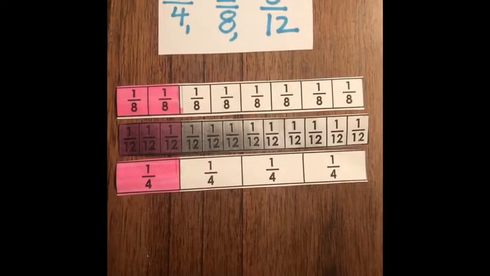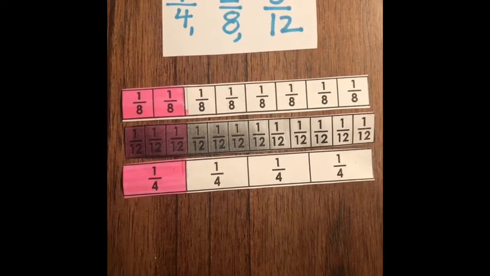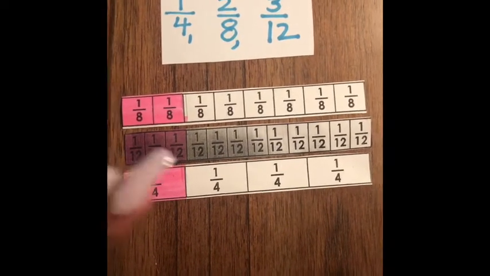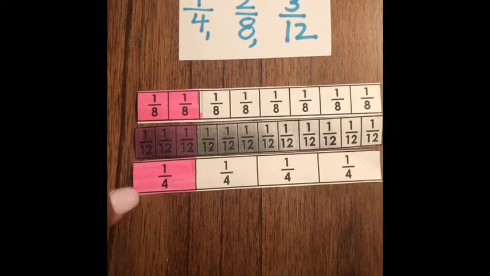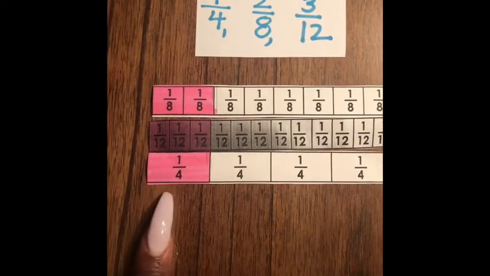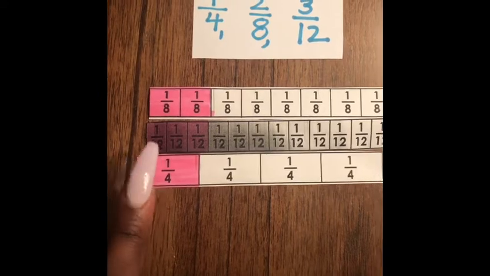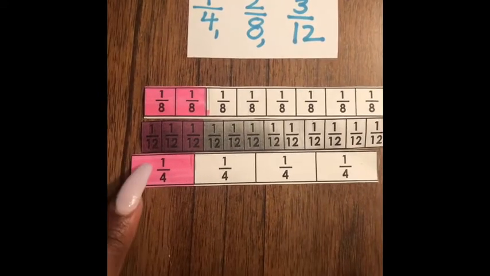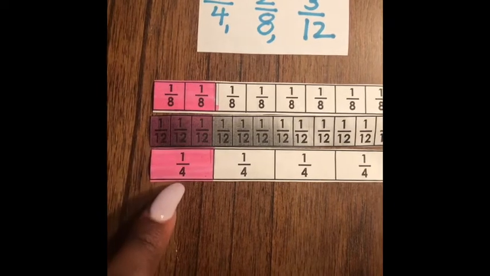The next example we have is 1/4, 2/8, and 3/12. If you look, these are all the same size, and you see that they take up the same amount of space. So this one is broken up into 4ths, but you only need one of these to be shaded. This is broken up into 12ths, and so you need 3 of these to be shaded to equal the same amount shaded as 1/4.